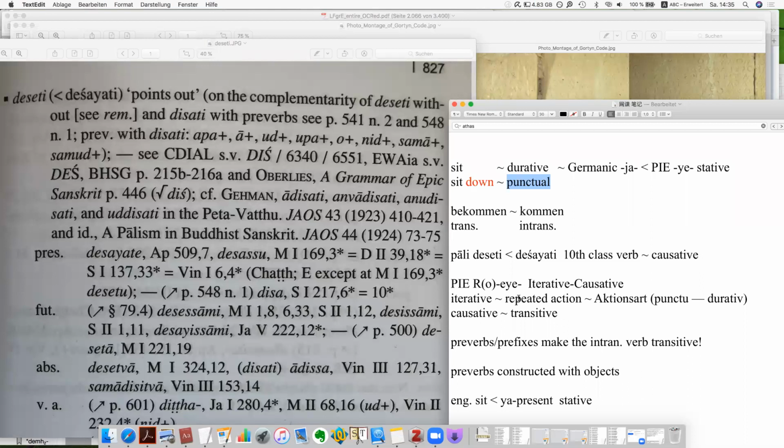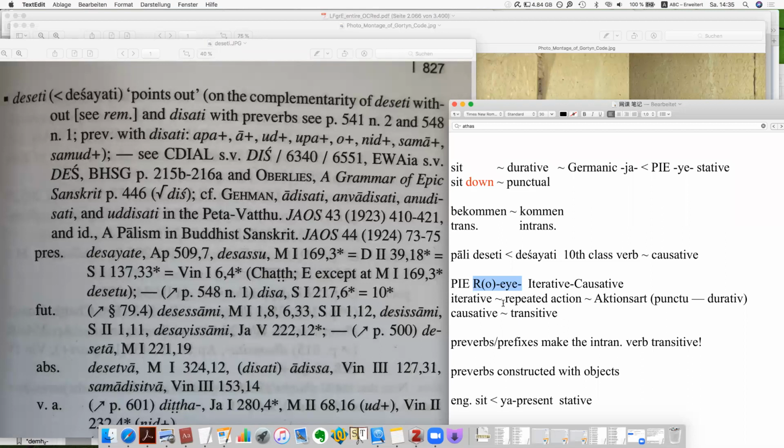So, as we have seen last time about the verb deseti, it actually comes from deshayati, and deshayati is not actually causative, but actually iterative, and this goes back to a Proto-Indo-European verbal structure called root plus aye, and this construction has iterative and causative meaning.